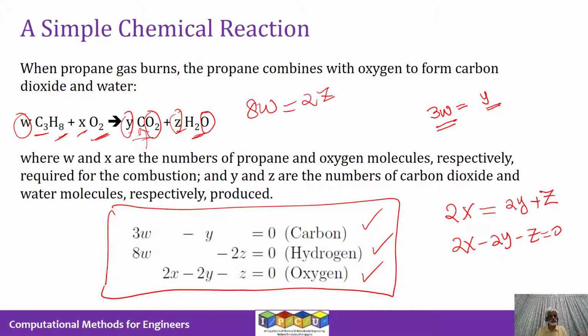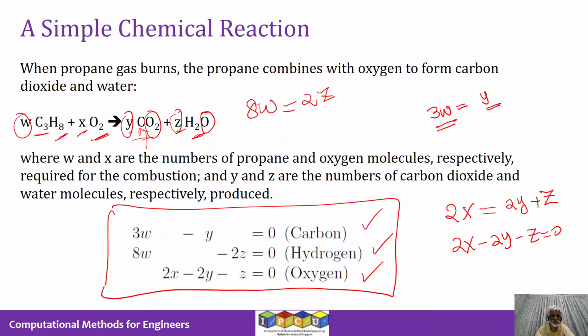So here we have three independent equations, but we have four symbols: W, X, Y, and Z. What we need to do here is specify at least one of the symbols. For example, let's say I specify W to be equal to 1.